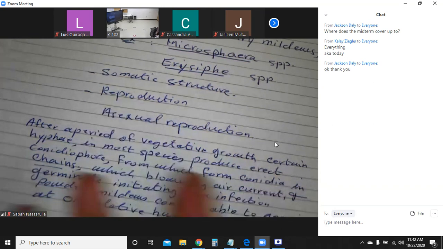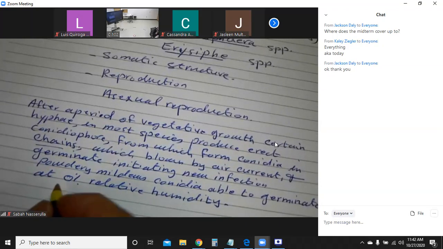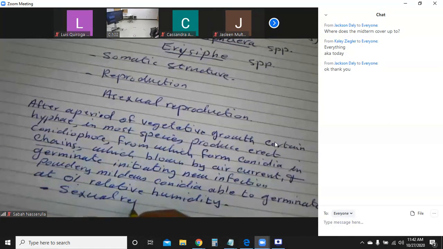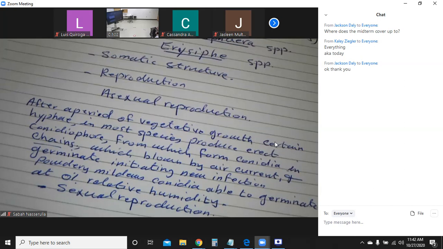And of course, later on, the asexual cycle will repeat itself. Now we're going to move to the sexual reproduction. Sexual reproduction, basically, the steps are more or less very similar to what we talked about in Penicillium, which is very simple.